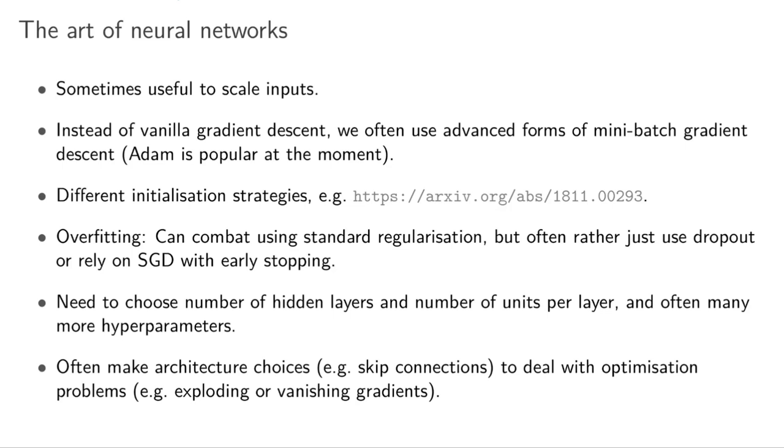This is basically when the gradients, these little delta U terms of ours, sometimes grow to infinity and get very large, or, more commonly, they die out and go to zero. There are architectural ways of dealing with that. Skip connections are one of them, and you can read up a little bit more on that if you want. I've already mentioned layer normalization approaches, which are also often used.